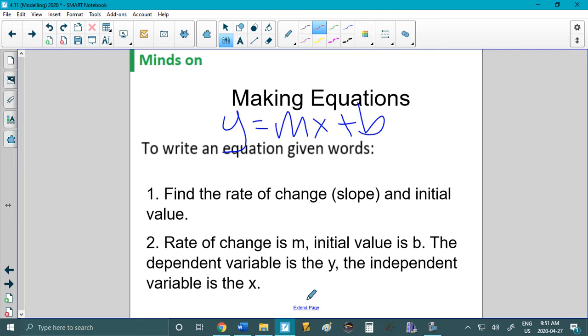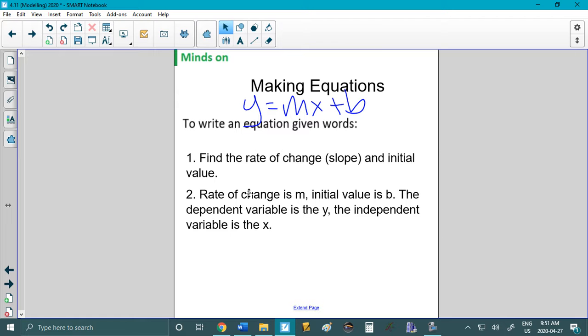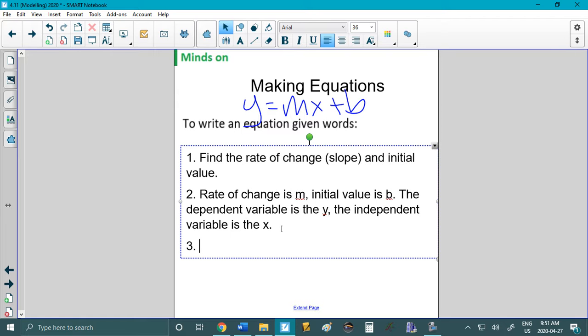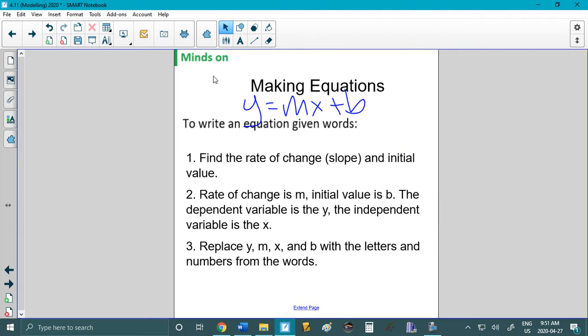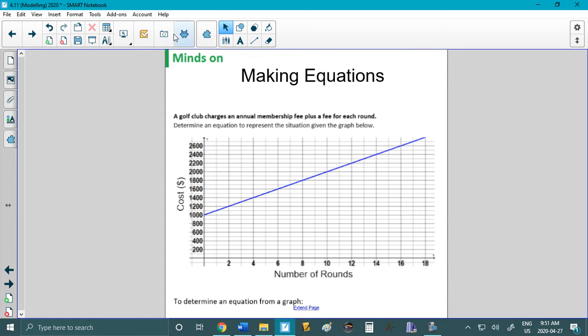And then, so the last step here is step 3, replace y, m, x, and b with the letters and numbers from the words. So again, pause it, copy that down if you need to, and then we'll move on to some graphs.